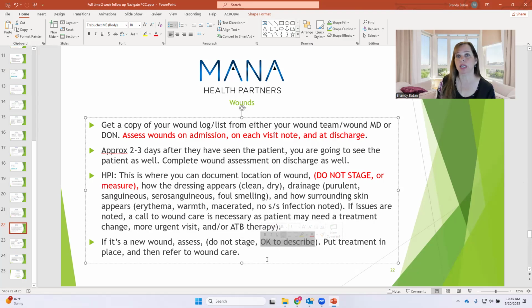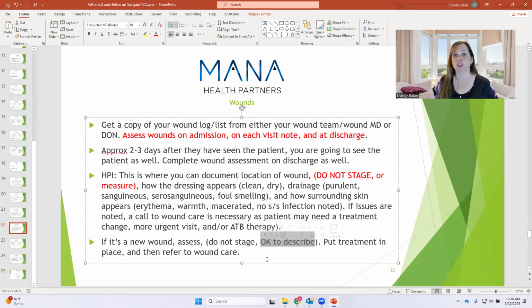And then you're going to put a treatment in place, and you're going to put a referral in for the wound team. You may even want to text via secured communication that to the physician. Okay, we want to make sure that we're communicating. We're not leaving this wound without a treatment for maybe 6 days because they just came in yesterday. We want to make sure that we've put that in place.